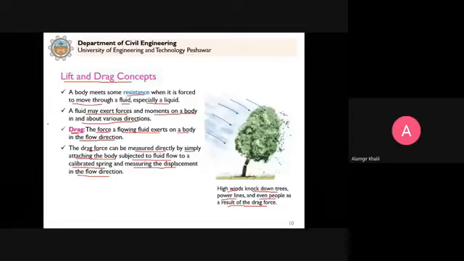By measuring the displacement in the direction of flow, we can calculate how much drag force is acting on the body.